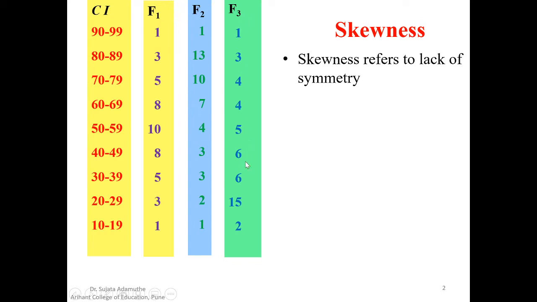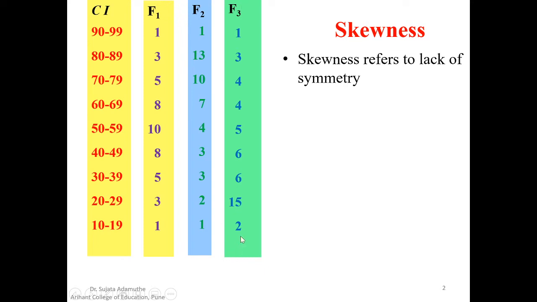If we observe the third group, again here we will see that 15 is here and it will reduce. That means the highest frequency is on the left side if we draw the curve of this group, and it will reduce.